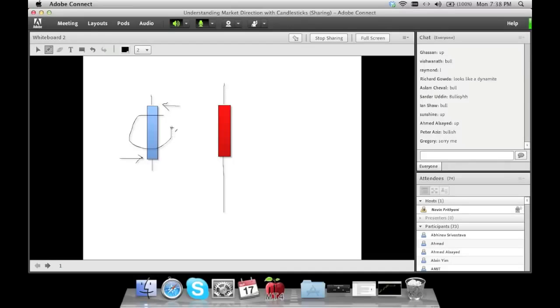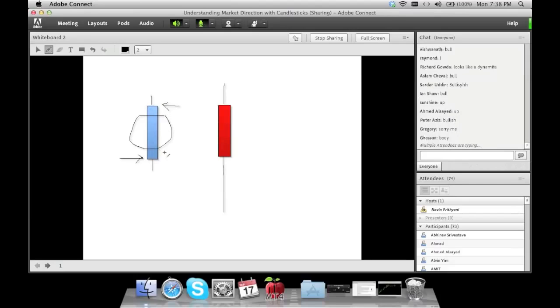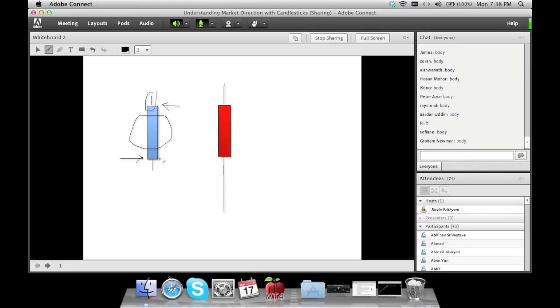What is this big solid area called? That is what we call the body. These pointy things that come out of that are referred to as the wick or tails. I like to call it tails, but the professional word is wicks, W-I-C-K-S.